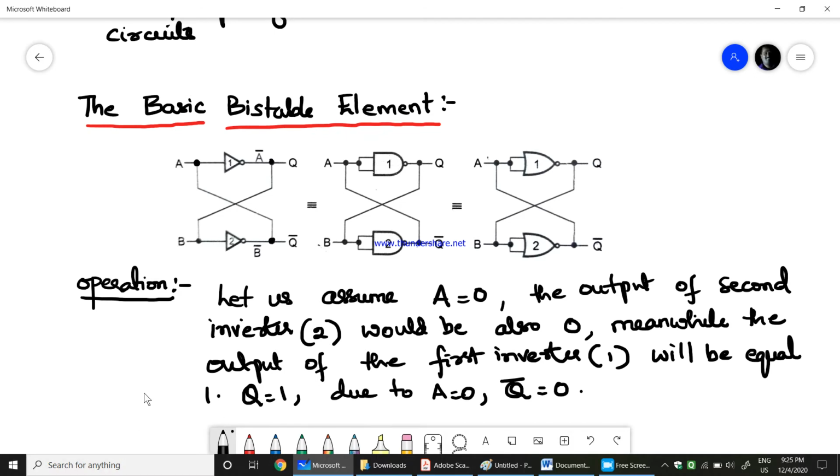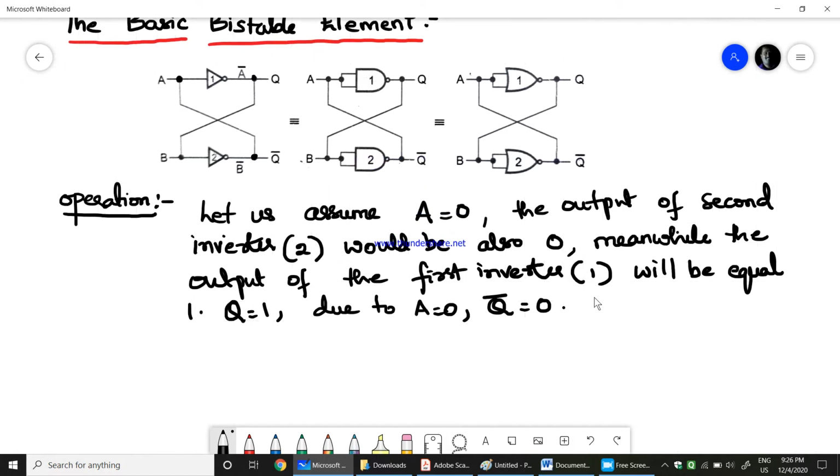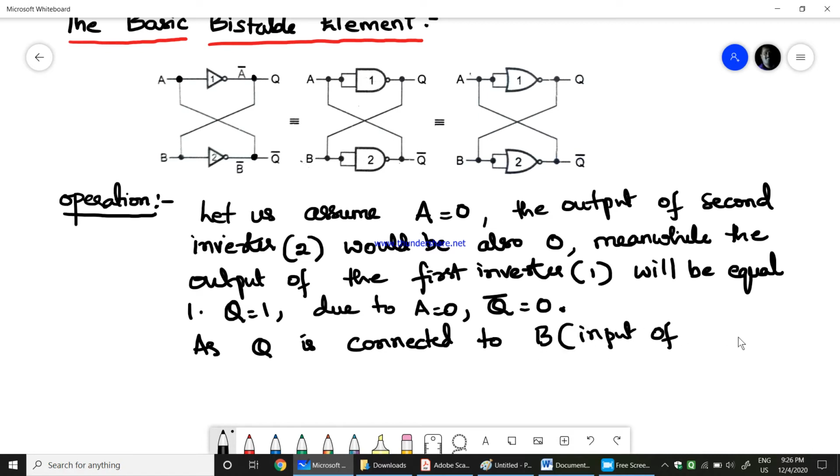As Q is connected to B, which is the input of inverter 2, B will be equal to 1 because Q equals 1.